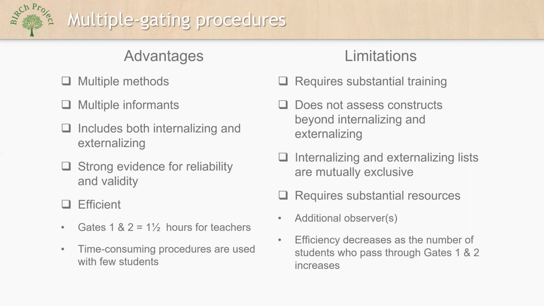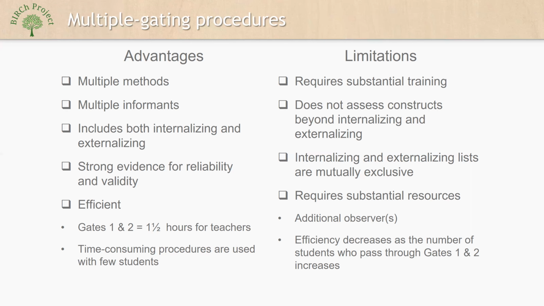The SSBD overall, the full procedure, does require substantial resources because it requires an external observer to observe all of these students. It is possible that if we follow the procedures to a T, an external observer could be conducting 4 observations for 6 students in each class.